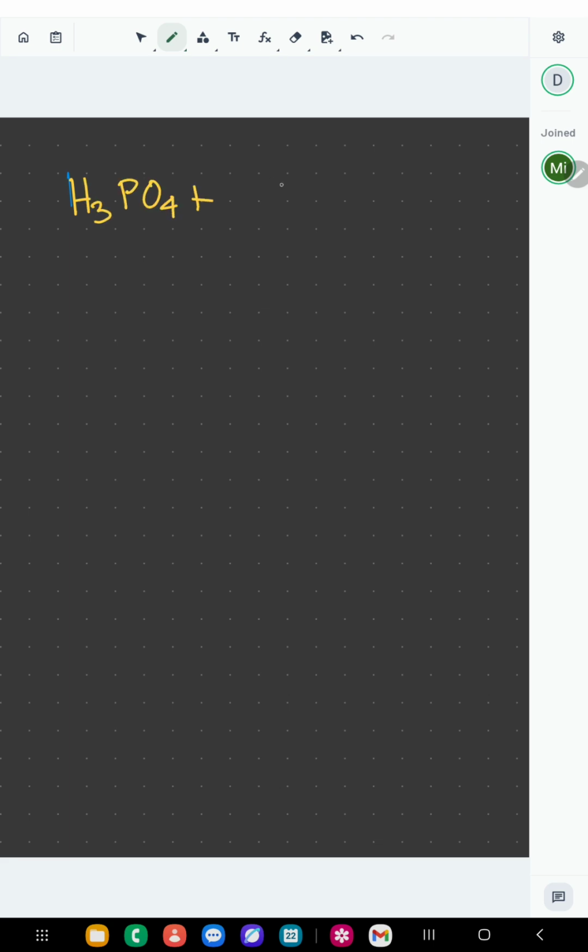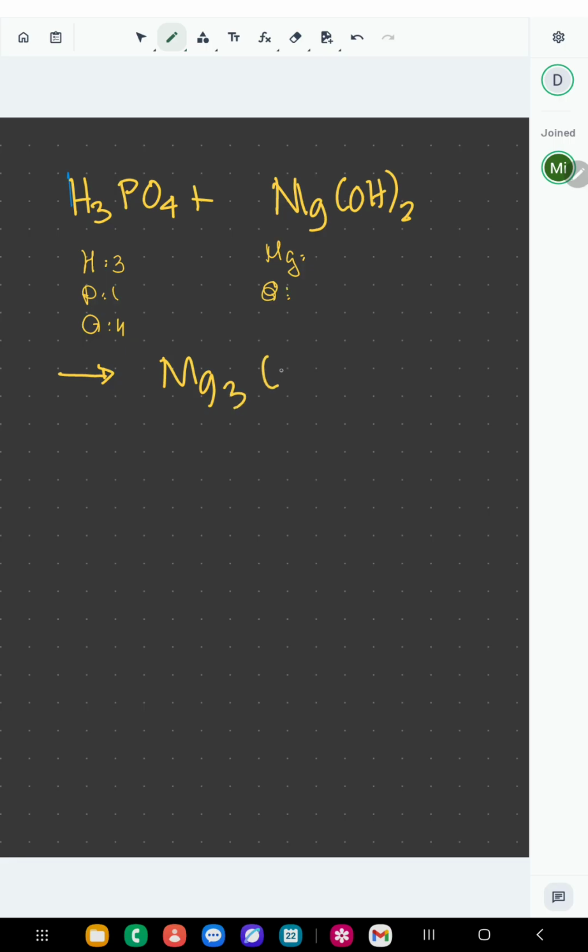H3PO4 plus magnesium hydroxide. Then balance. I'll just write here because there's no more space. Mg3(PO4)2 plus H2O.